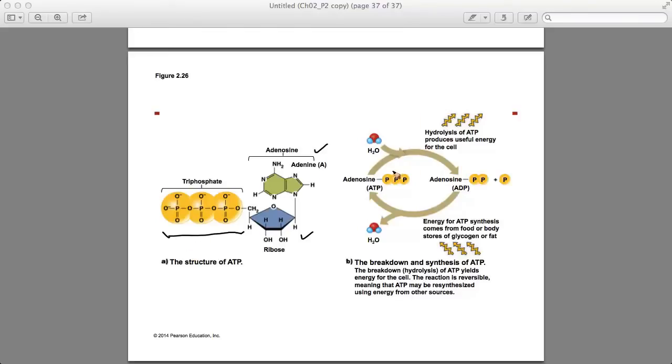And then as you see here, there's the three phosphates, and through a hydrolysis reaction, you lose one of these phosphates, and this releases energy to do useful work. And in order to store energy, you go backwards, right? You do a dehydration synthesis series of reactions and go from ADP to ATP. Right.